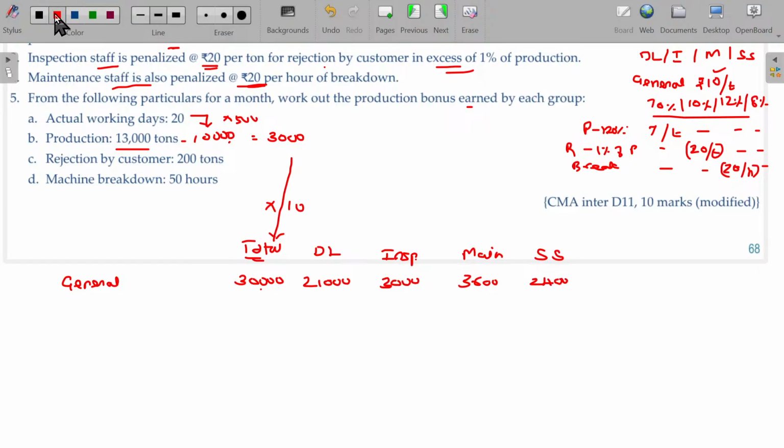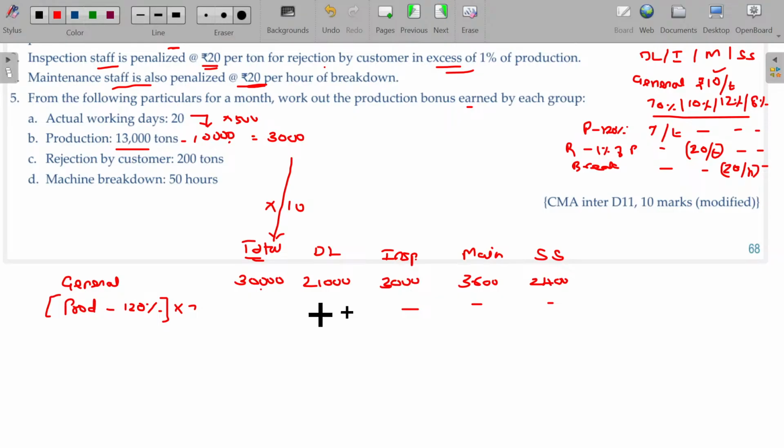The next one is production in excess of 120% of the standard, eligible for 7 rupees per unit, only for the direct laborers, others will not get.